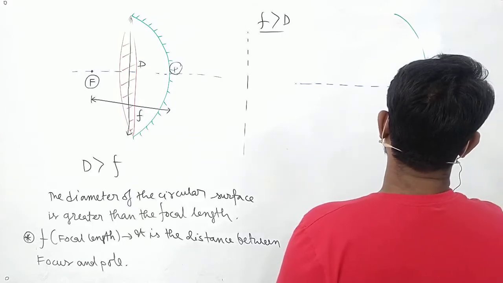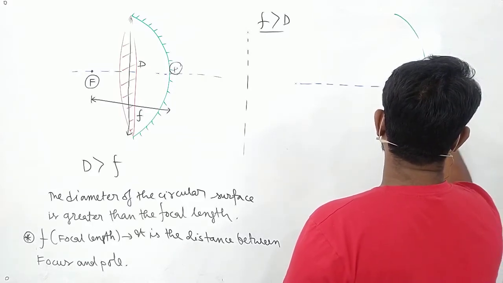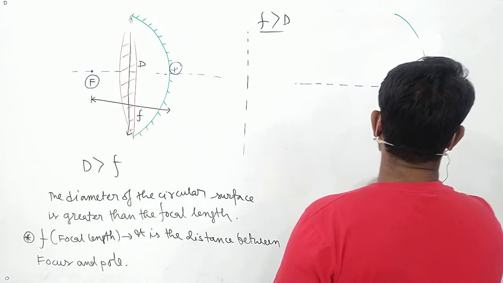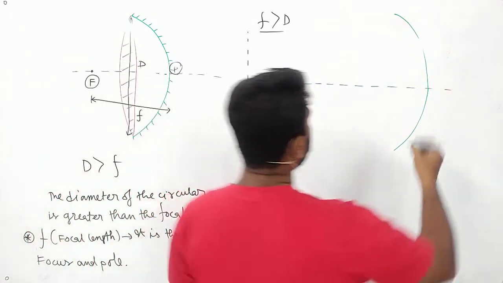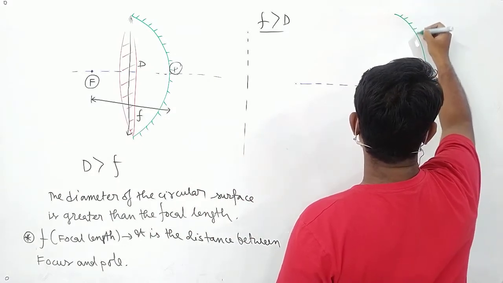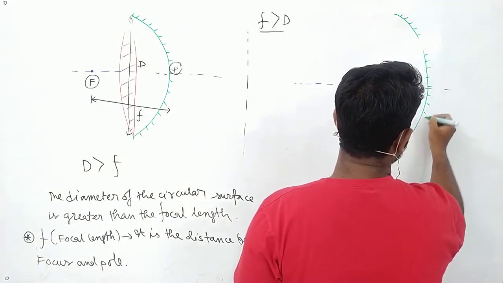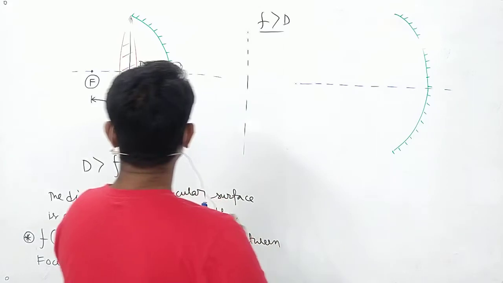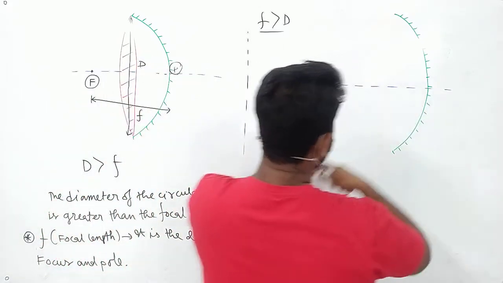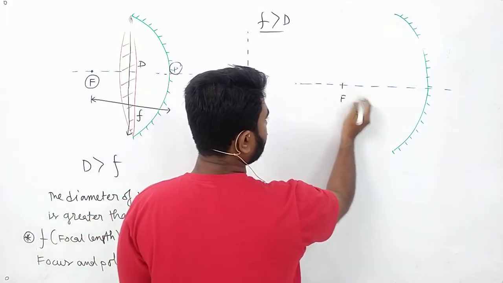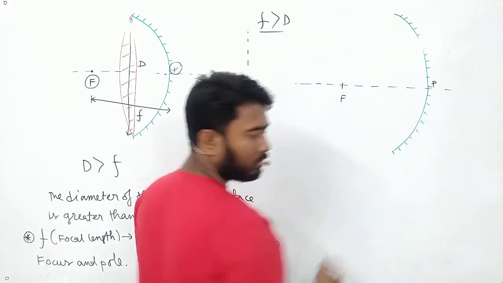No, it's a little bigger. I have drawn it. This is our mirror. Now this mirror has a focal length up to this much. So this will be the focal length, this is the pole.